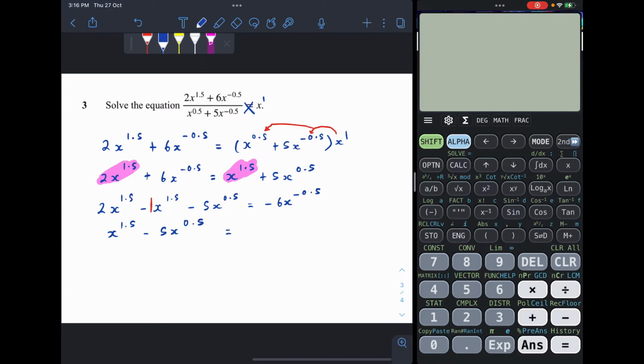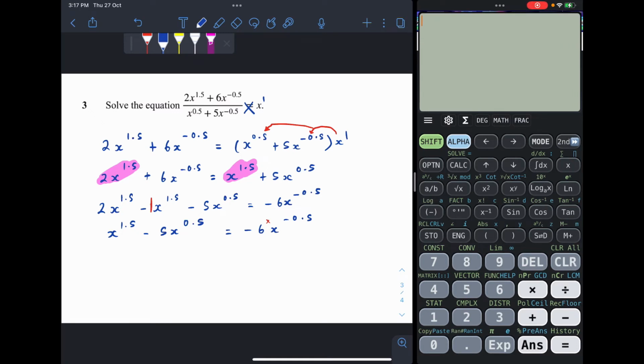And I'm just going to move, actually, you know what, I'll just write it slowly. So negative 6x^-0.5. I'm going to move the x to the power of negative 0.5 to the left side. But when I do that, I want you guys to know that this is actually negative 6 times x. It's a times, so when you're moving something to the left, it will become a divide. It goes right down to the bottom.